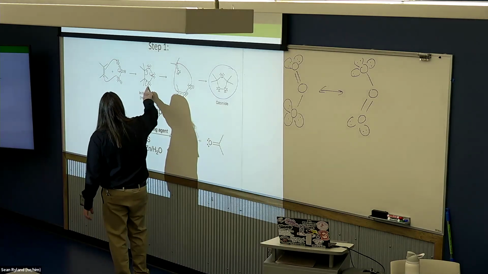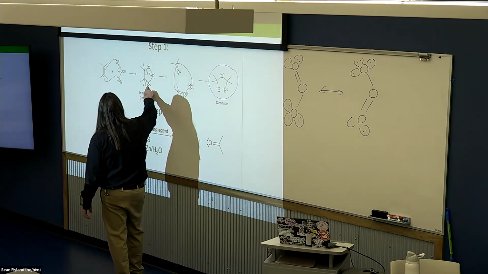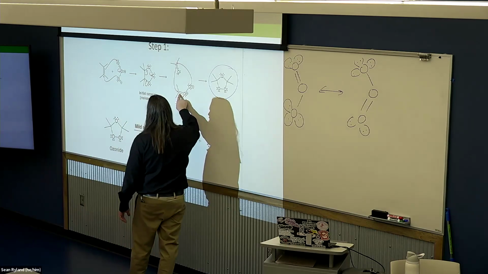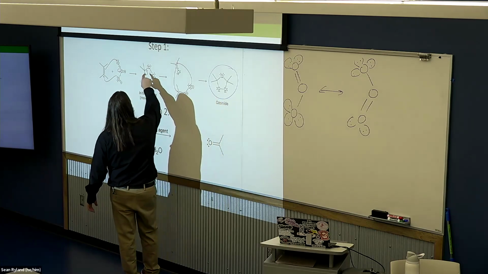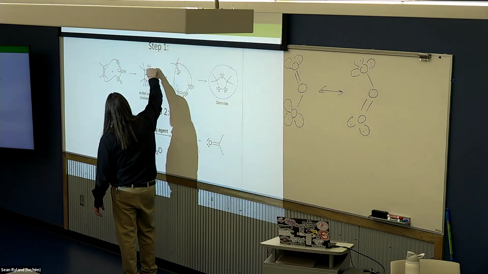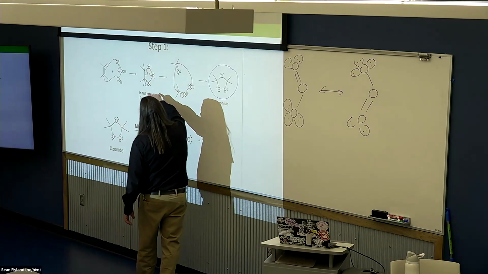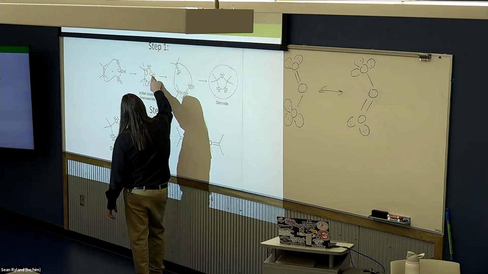So a lone pair from the oxygen moves towards the carbon to make a carbon-oxygen pi bond. One of the peroxide bonds moves towards that side to become a lone pair.